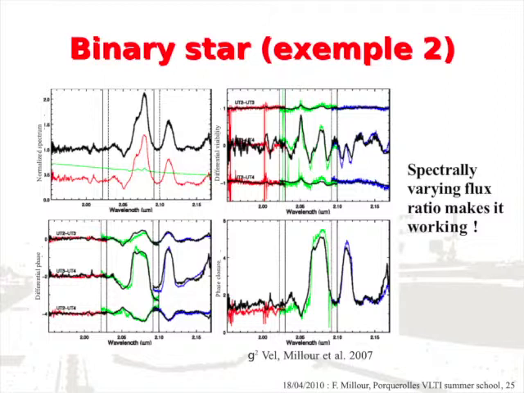In fact, in this system, one star is emitting all the lines, and one star has a completely flat spectrum. And if you look at the visibilities here and phase measurements here, you see that all the variations come from the fact that the flux ratio between the two stars is varying with wavelength. And then this gives you this big change in visibility.